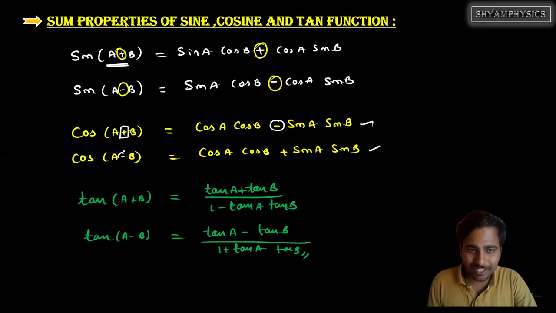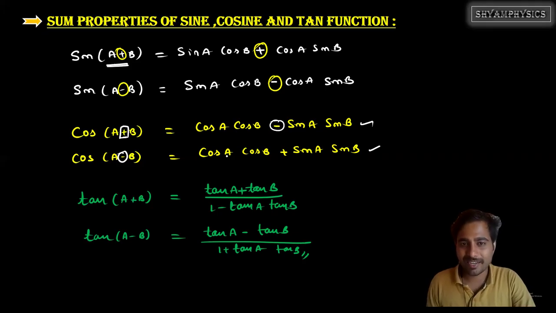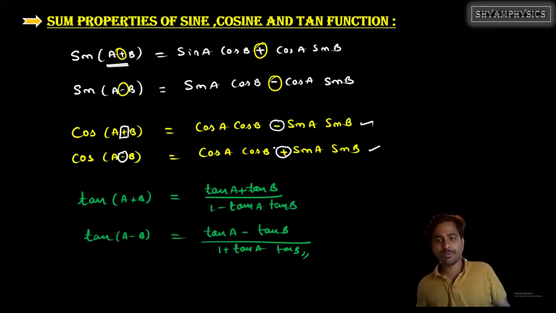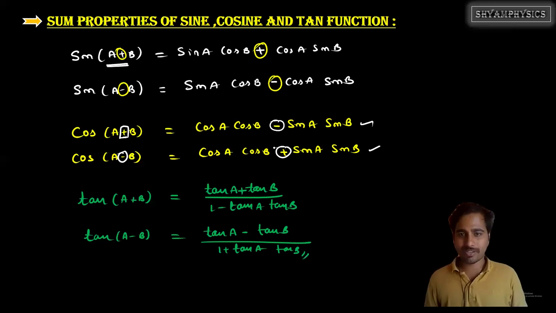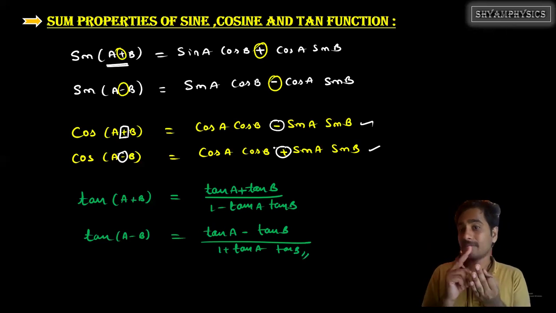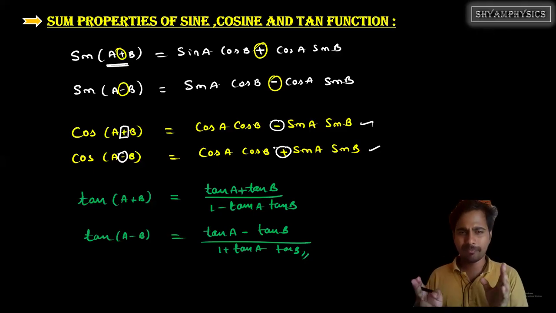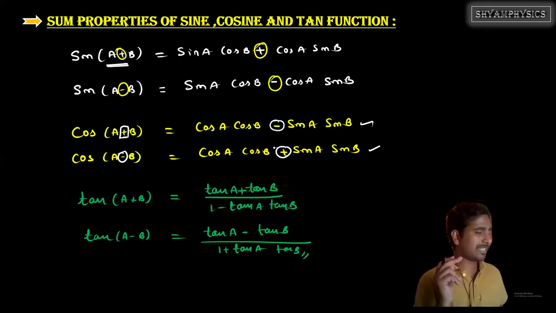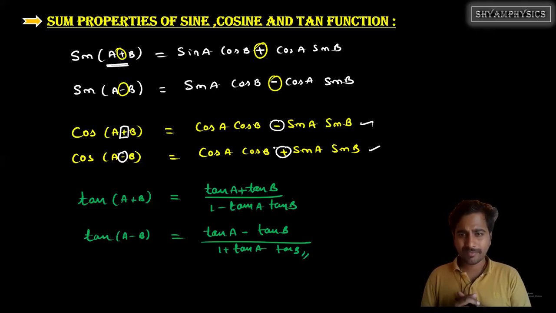If it is cos of a minus b, it will be written as cos a cos b, product will be cos only. If it is minus, you need to write plus. This is the way to remember the values. Cos of a plus b means cos a cos b minus sin a sin b. Cos of a minus b means cos a cos b plus sin a sin b. Hope it is done. Good.